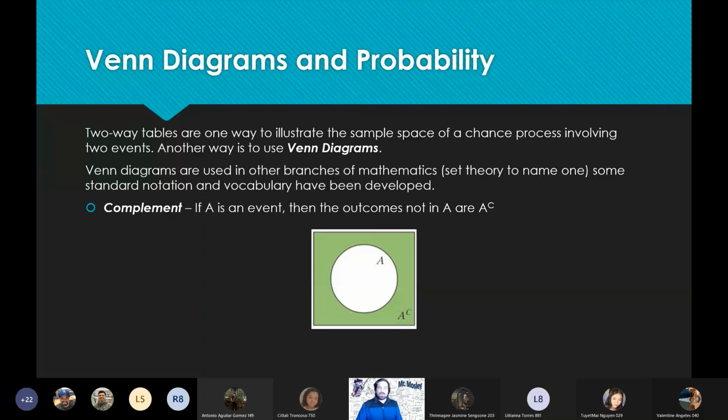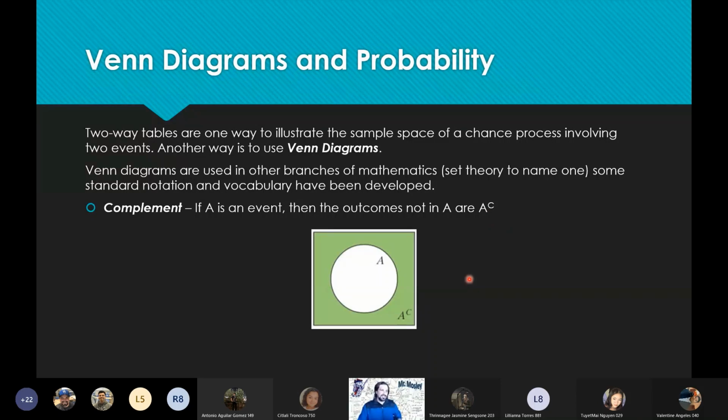So we have the complement. This is the term that we saw on Tuesday. If A is an event, then the outcomes not in A are denoted A complement. A superscript C. Superscript is like where you would put an exponent.